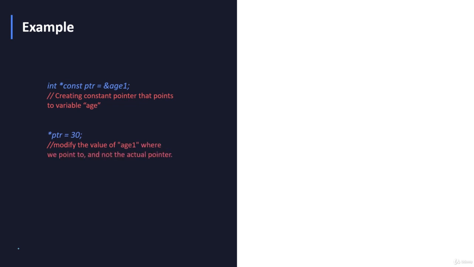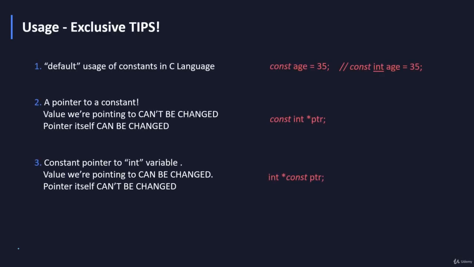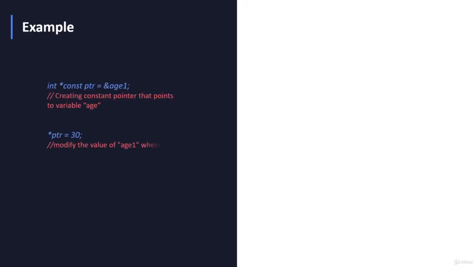Now we try to modify the value of age, where we point to, and not the actual pointer. We do not change the value of ptr itself. This declaration of int star const ptr is okay. It allows us to modify the value where we point to, not the actual pointer, so there is no problem in that.